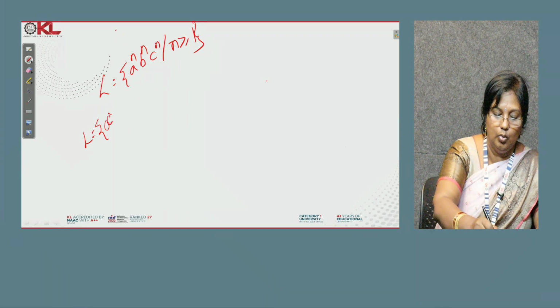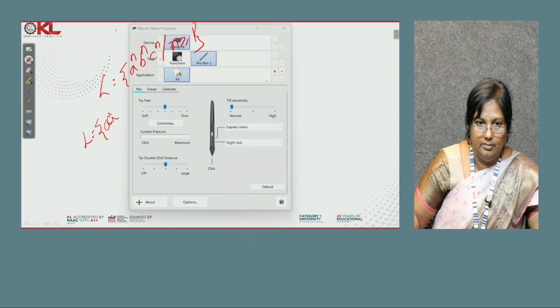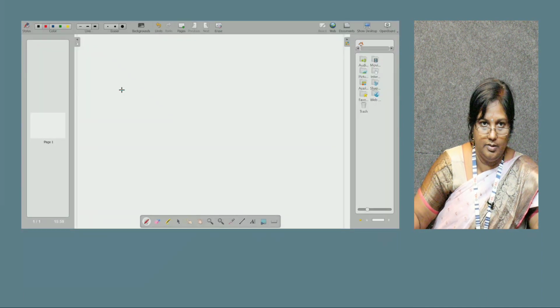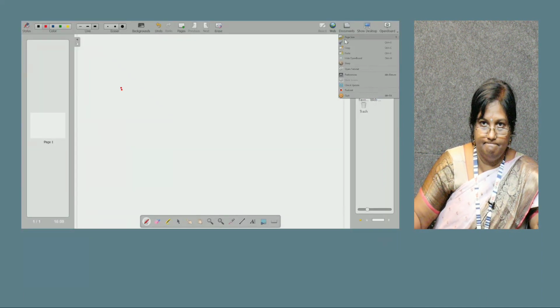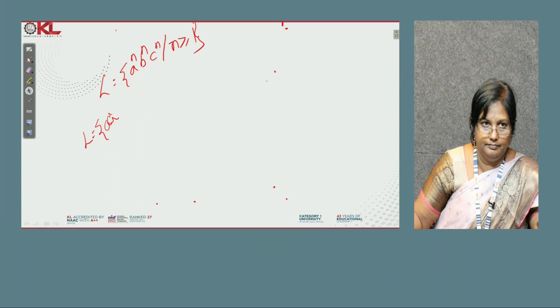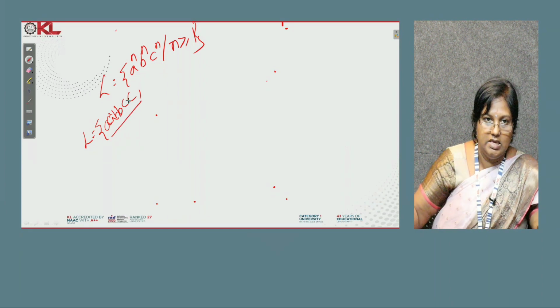For example, if I take n as 2, my string is AA BB CC.